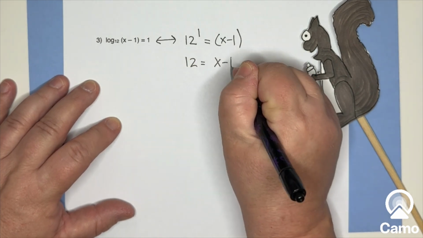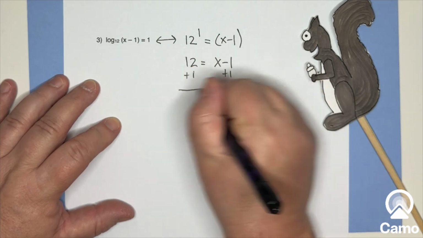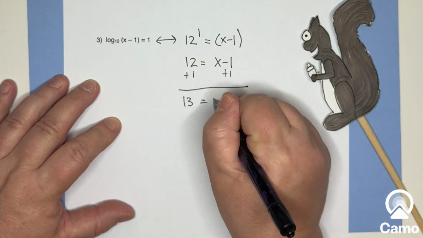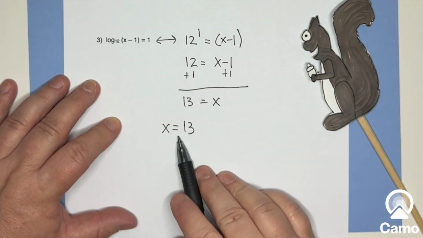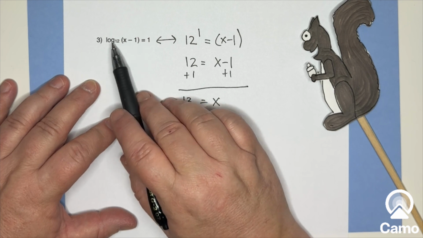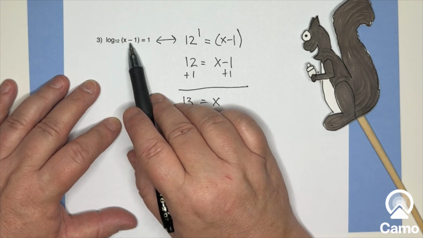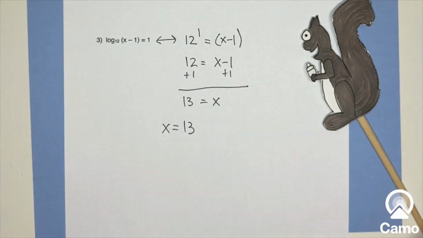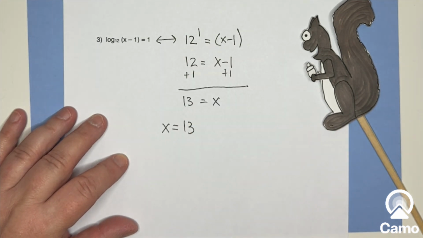And that's got to be x minus 1. So what is x? So if x equals 13, if I plug that in, 13 minus 1 is 12, and then it asks log base 12 of 12 equals 1. Is that true? And the answer is yes. How many 12s are there in 12? Just the 1.